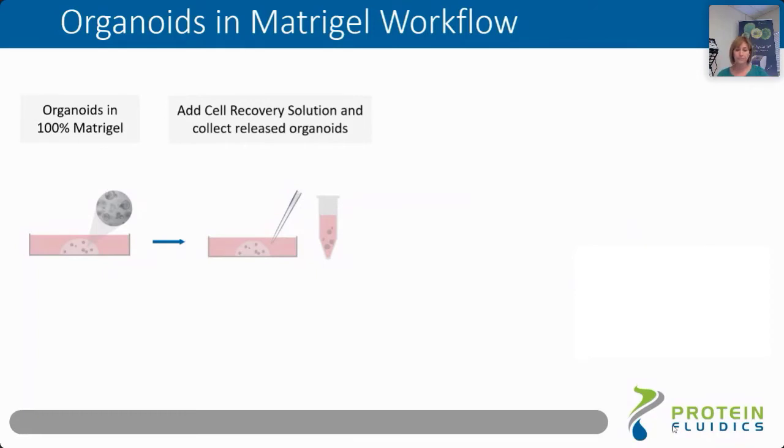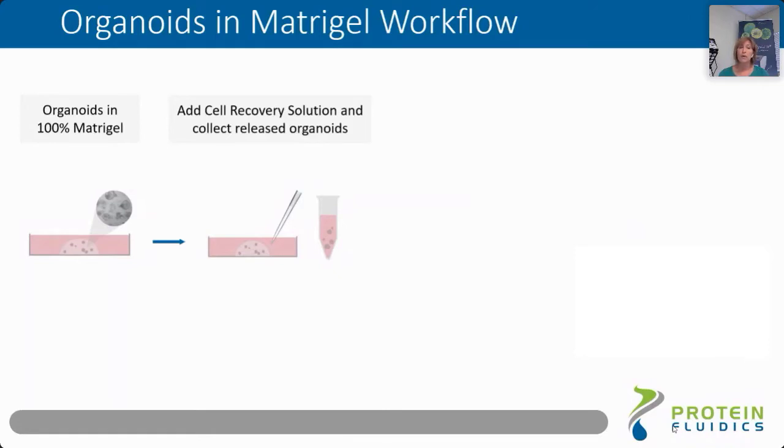So here, I am showing you in details the workflow that we have developed for Matrigel-grown organoids. Our flow chip can be used with Matrigel at concentration between 20 to 30% without any impact on fluid transfer and performance of the flow chip.